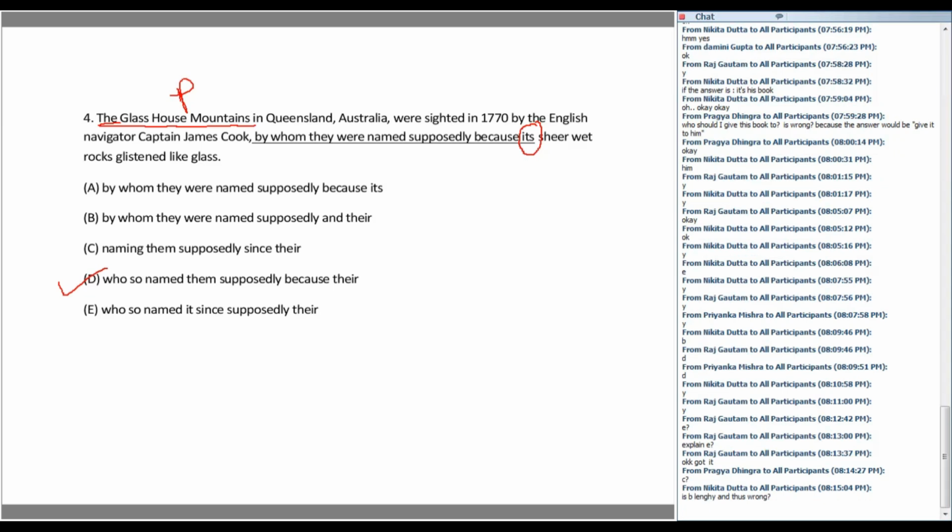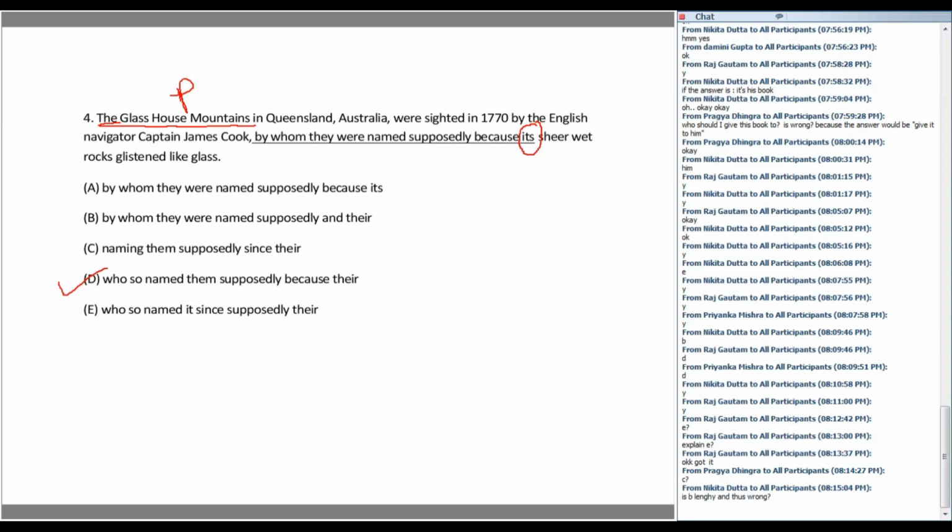It was sighted by English navigator Captain James Cook, naming them supposedly since then. Naming them, who named them? You have actually eliminated that part, that this name was given by Captain James Cook. If you simply say naming them, then we don't know about the person who named these mountains. That is why C is wrong.